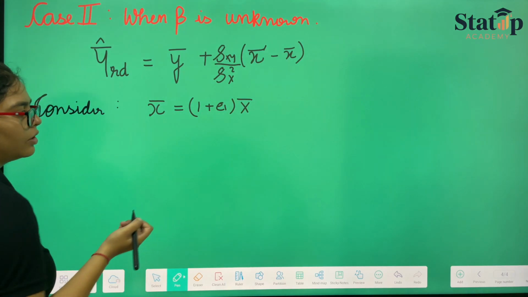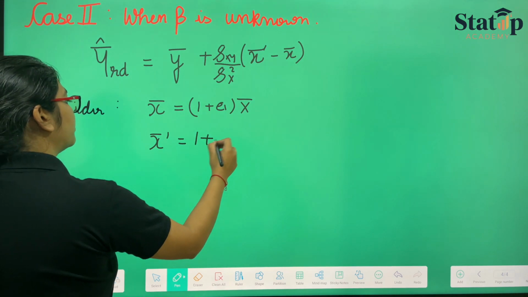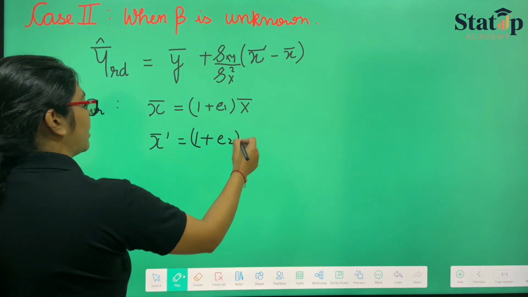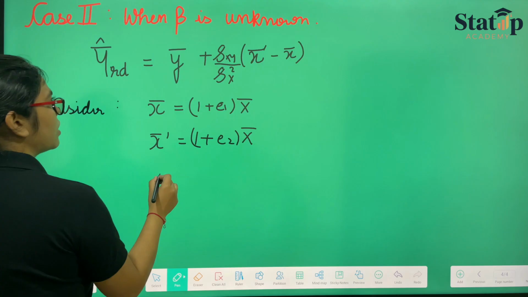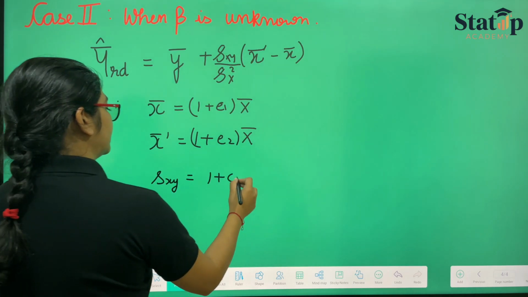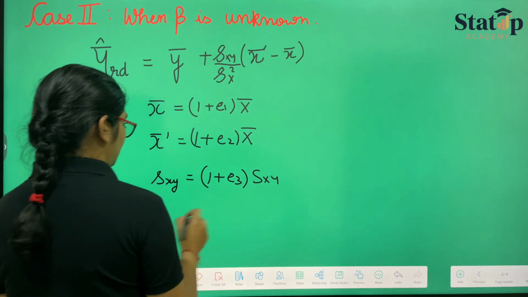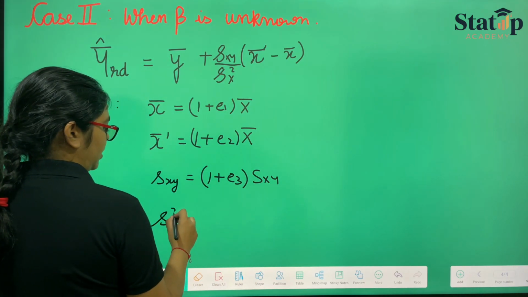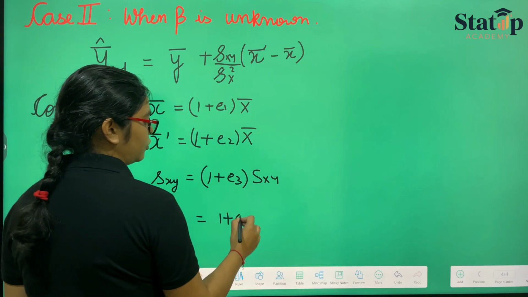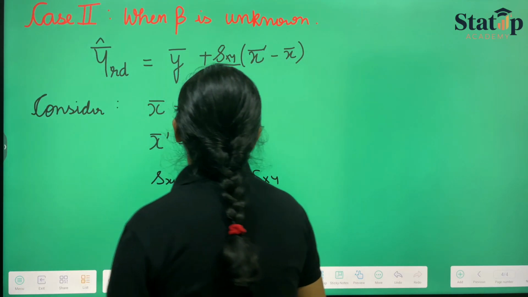You can take e1 or epsilon 1, anything. X bar prime equals 1 plus e2 times capital X bar. Sxy equals 1 plus e3 times capital Sxy, and Sx square equals 1 plus e4 times capital Sx square.